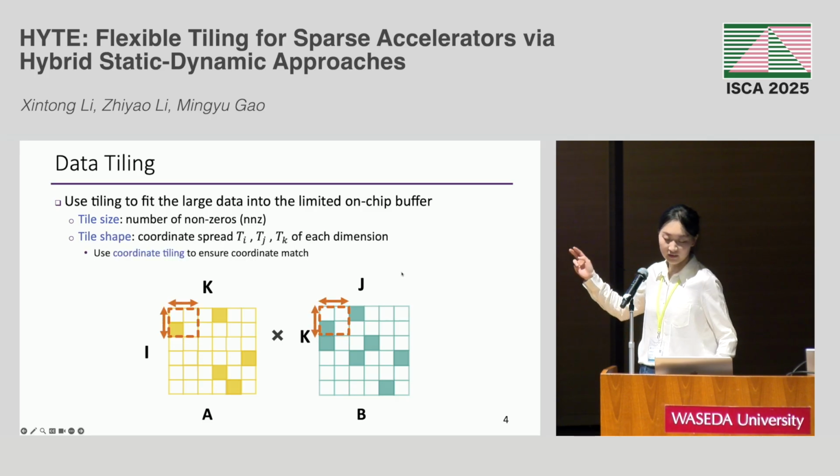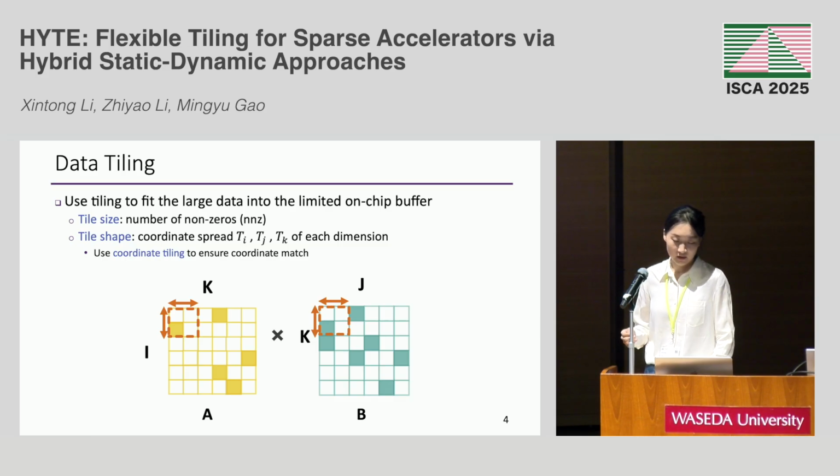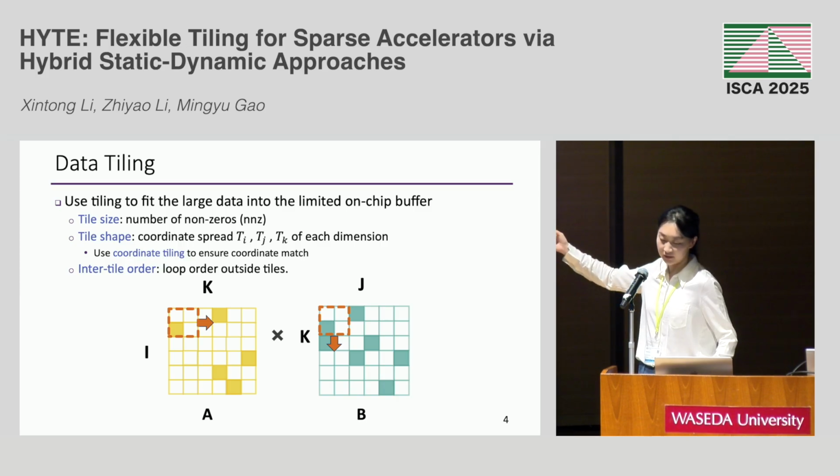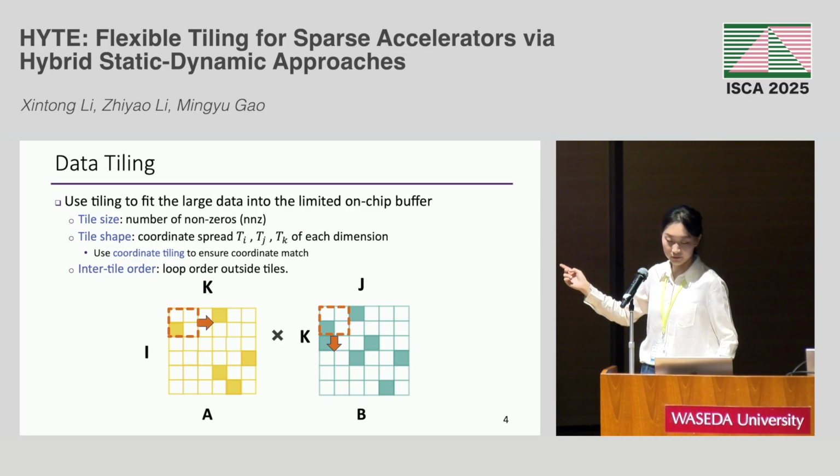Note that coordinate tiling is used in sparse accelerators to avoid coordinate mismatch. Finally, the iteration order across tiles is the intertile order. Specifically, if we iterate over the I dimension, the B with coordinates K and J will not be affected, so it can stay in the buffer and be reused.